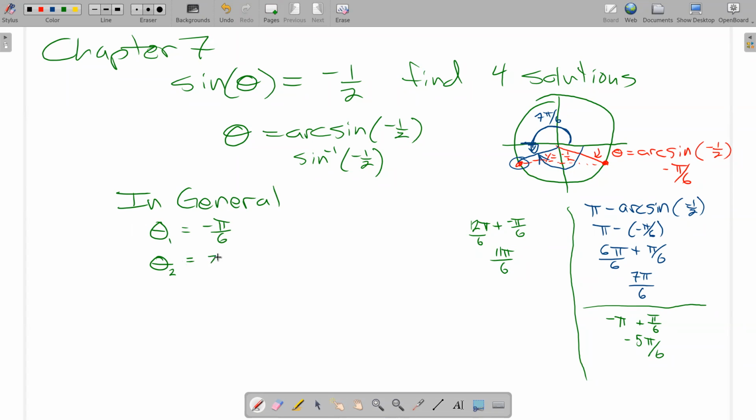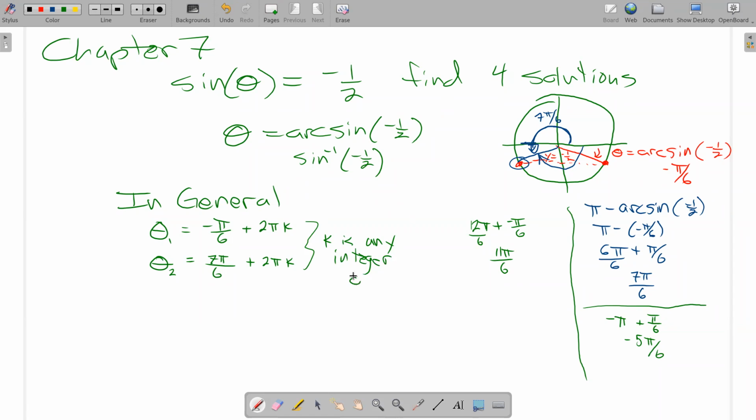So that one is 7 pi over 6. And any other solution is a version of this one or that one. So in general, I can add 2 pi to this over and over and over. Same thing here, 2 pi k, and k is just any integer.